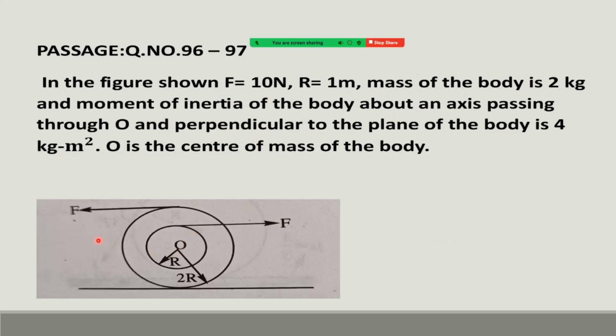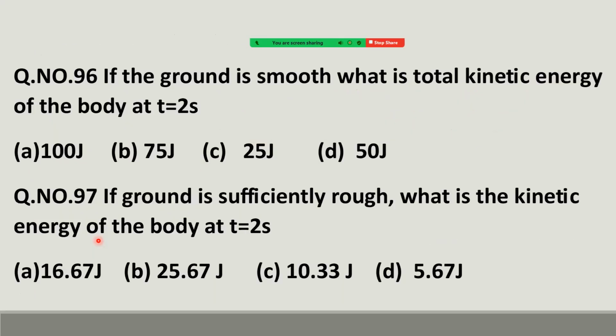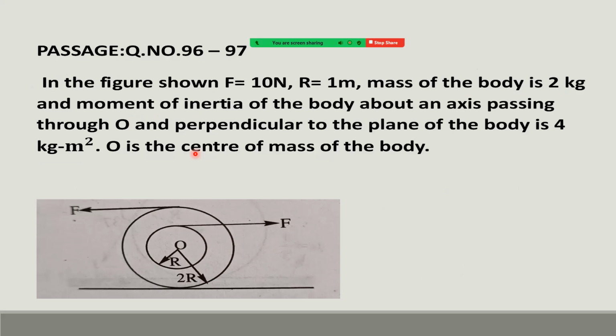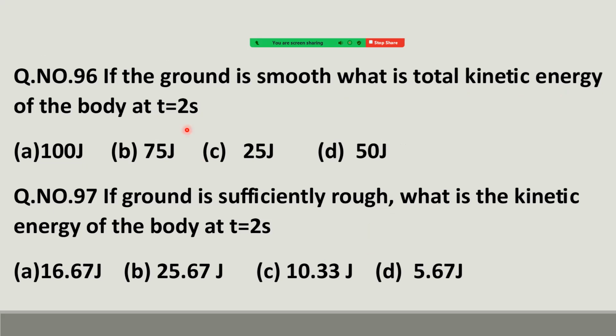Now see what we have to calculate. If the ground is smooth, what is the total kinetic energy of the body at t equal to 2 seconds? That means we have to take that these forces are applied when t equals 0. Okay. Then the question is when t equals 2 seconds.